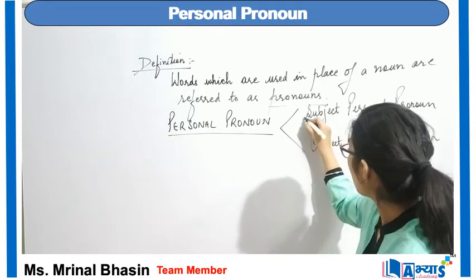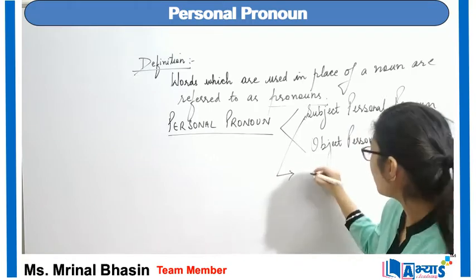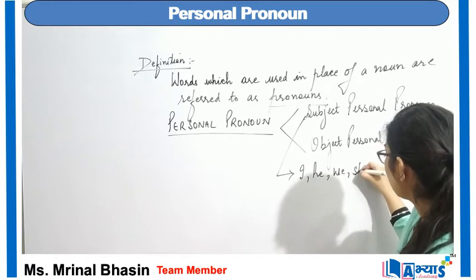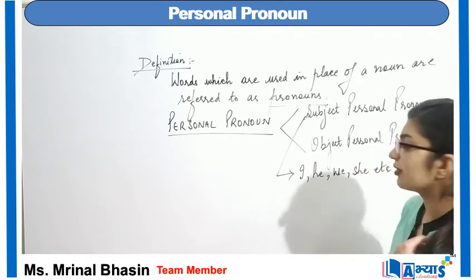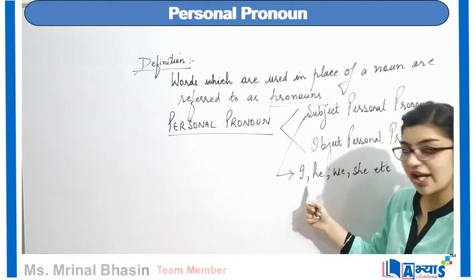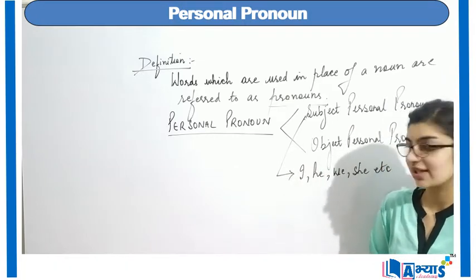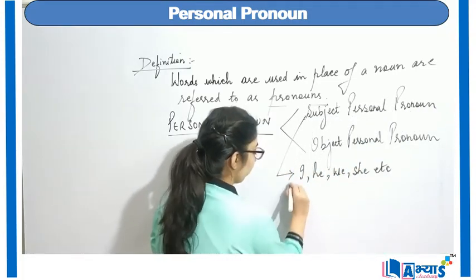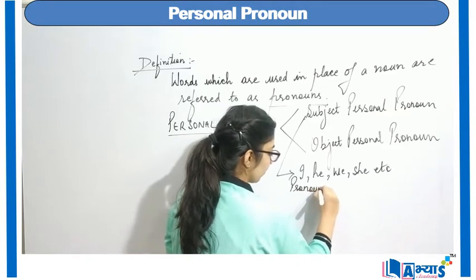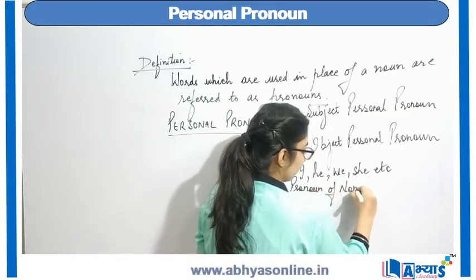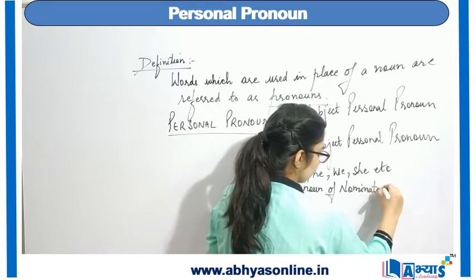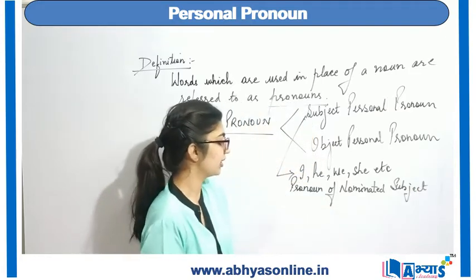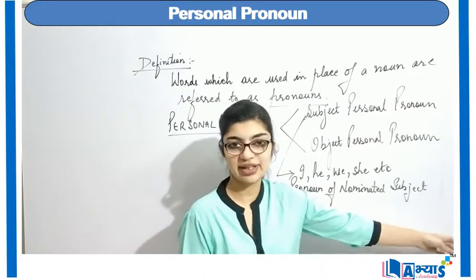So examples of subject personal pronouns are I, he, we, she, etc. Right? They refer to the subject in a particular sentence. Therefore, this type of pronoun is also referred to as pronoun of nominative subject.